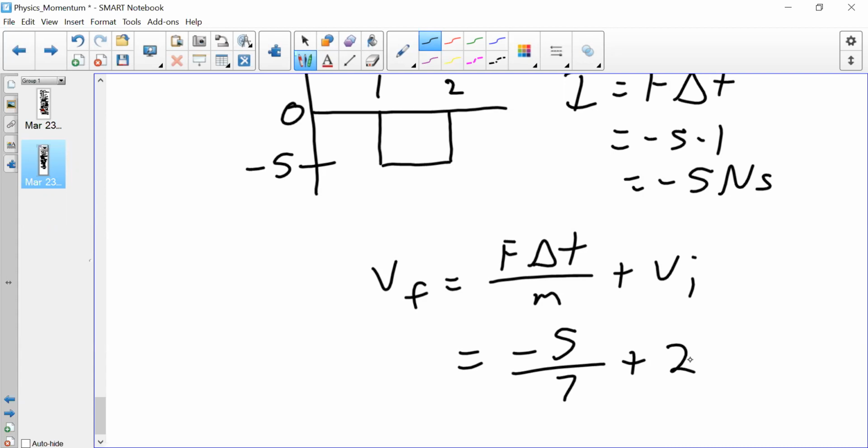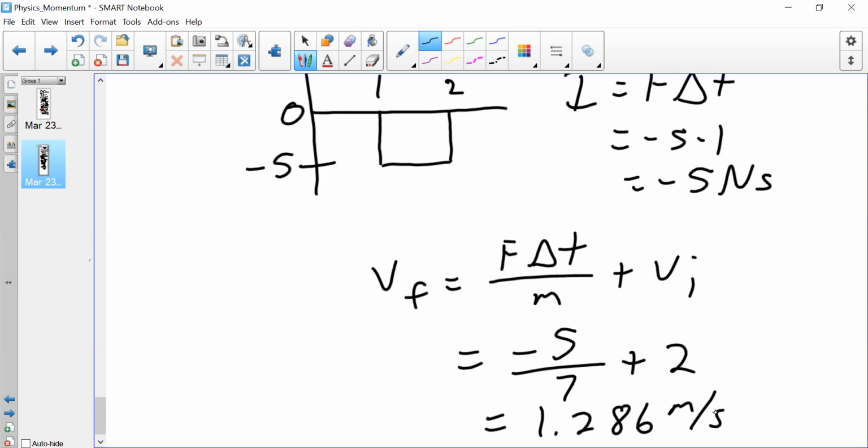Yes, that does make sense in the context, and the numbers bear themselves out. Even though there are 2 impulses and one is negative, it's still going to be positive here. This is 1.286 meters per second.